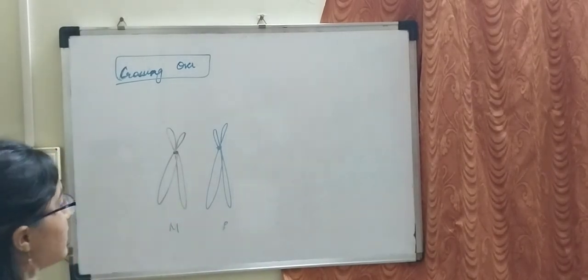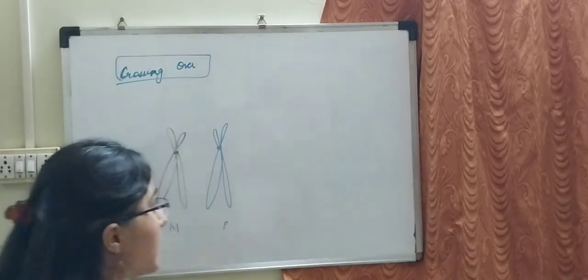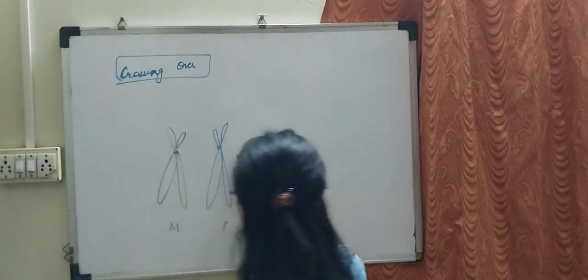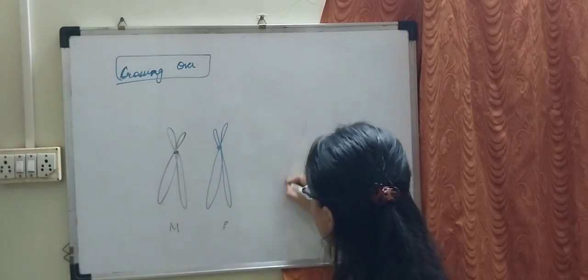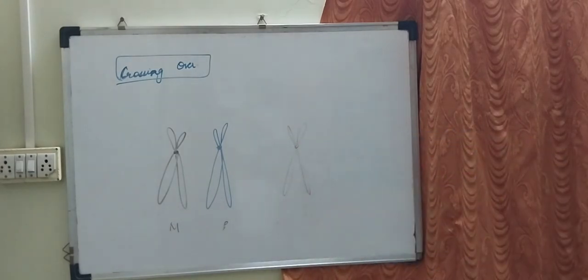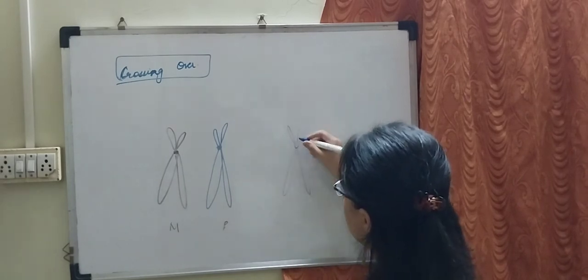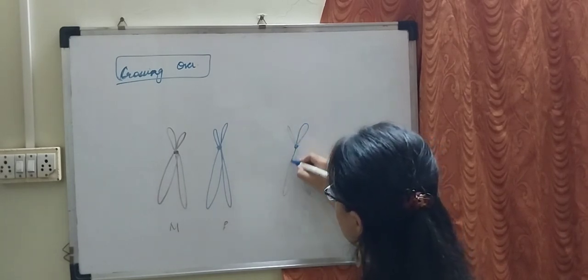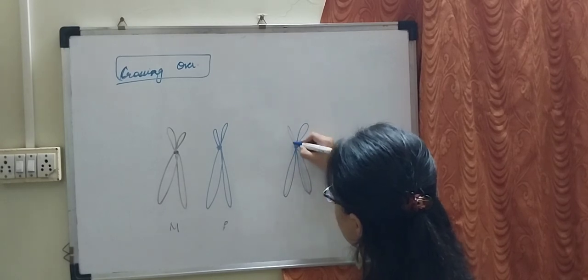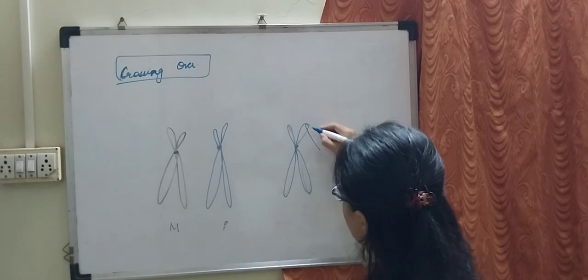Now what happens? First they come together and they attach. This is the chromosome of the mother, and the other chromosome is from the father's side.